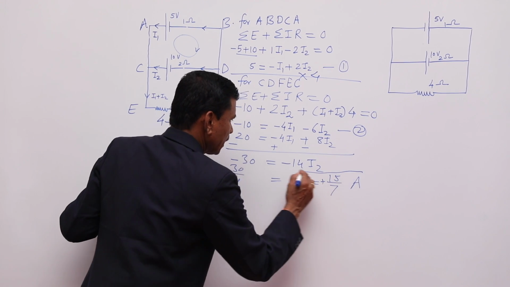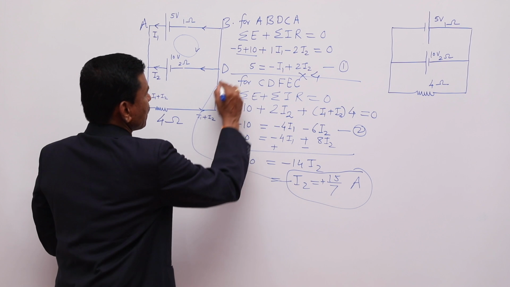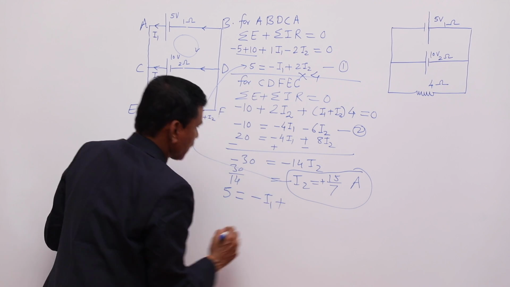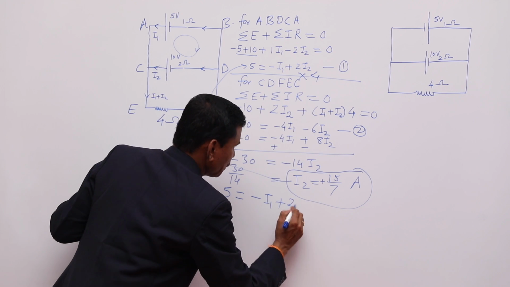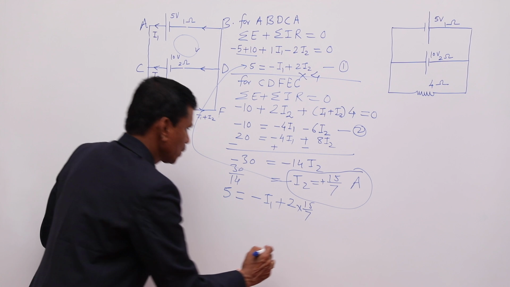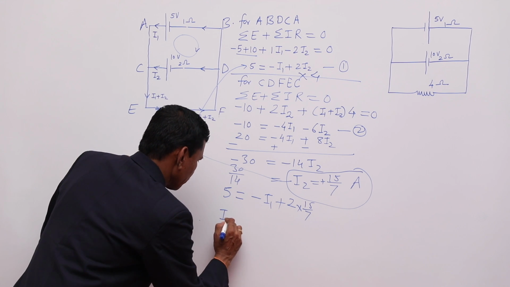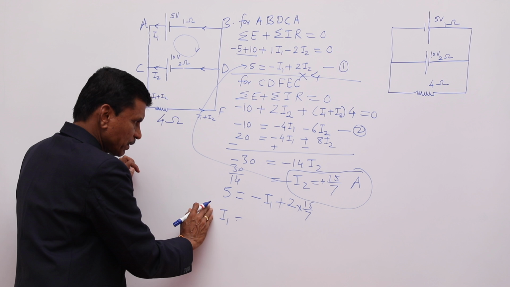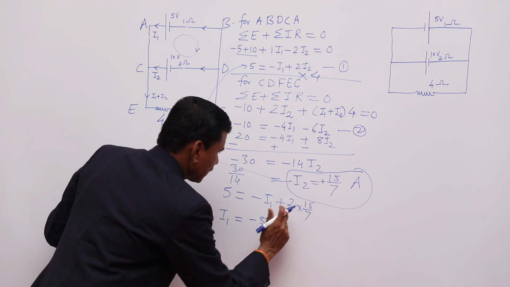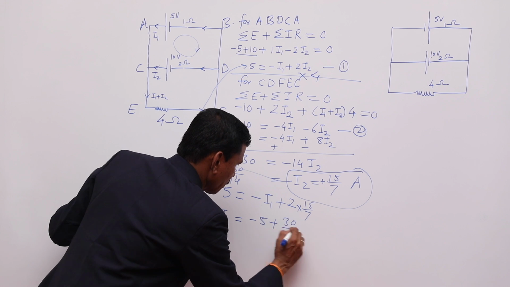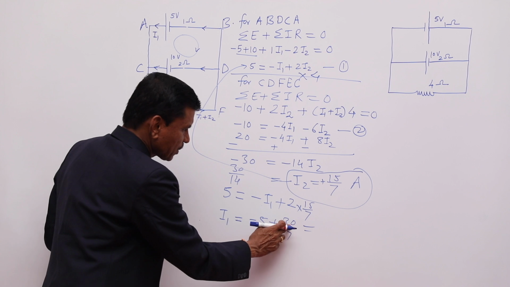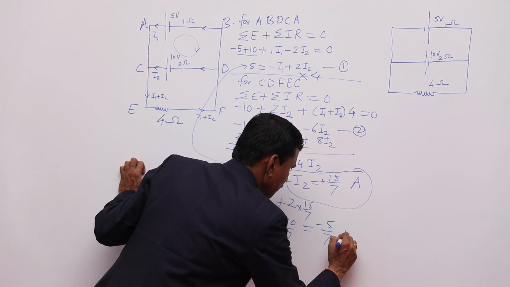Now substitute this value in equation 1: 5 is equal to minus I1 plus 2 I2, 2 into the I2 value 15 upon 7. I1 is taken to this side, minus becomes plus, this is minus 5, and here plus 30 upon 7, so that becomes minus 35 plus 30, minus 5 upon 7 ampere.